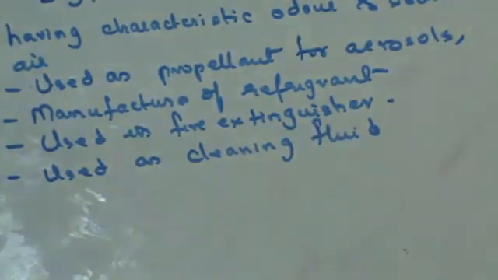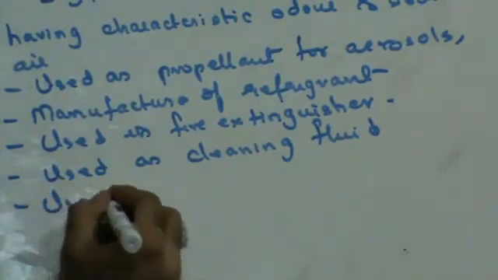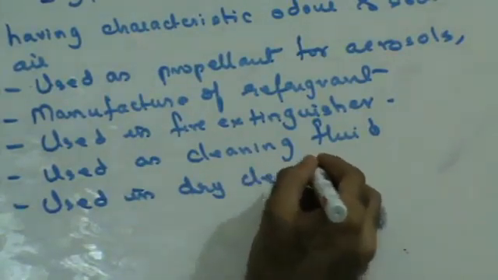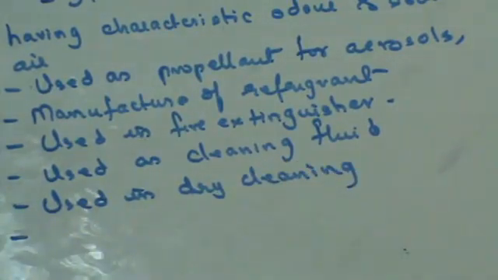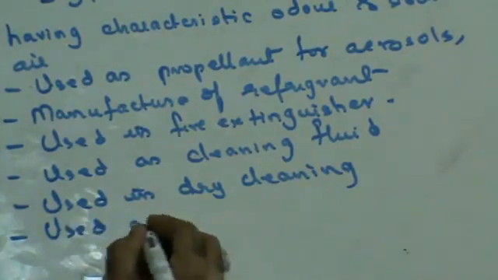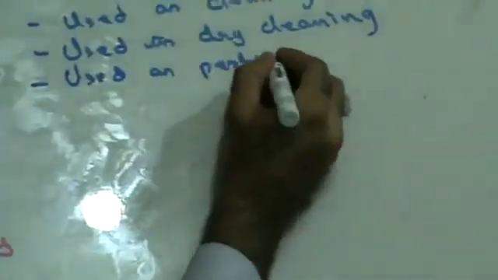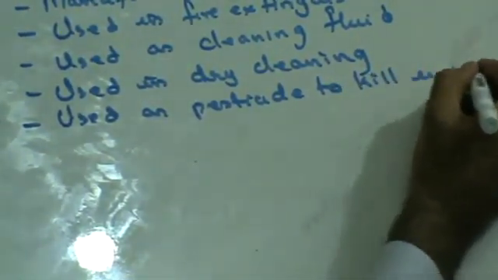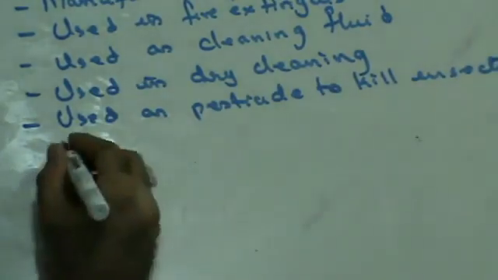It is also used in dry cleaning. Besides that, it is used as a pesticide to kill insects in stored grains. Used as pesticide to kill insects in food grain.